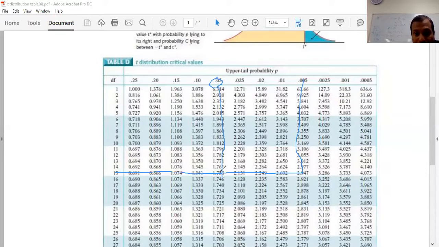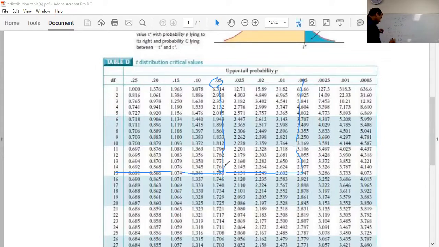Yes, 1.758. So T alpha by 2 will be 1.758. For the third case, CI 95%, right? So alpha value is 0.05. Is it 90? Okay.